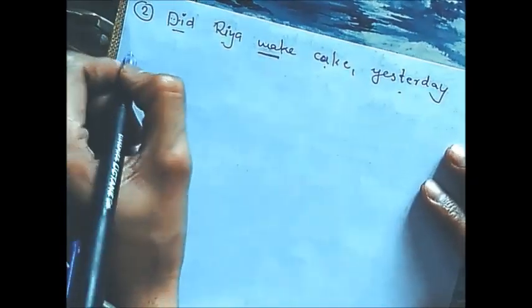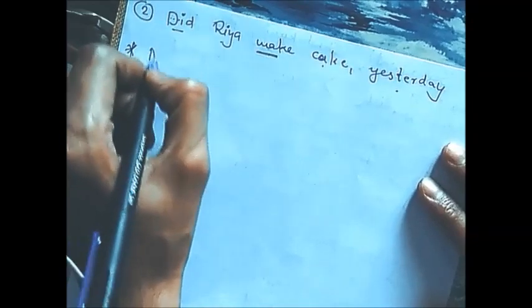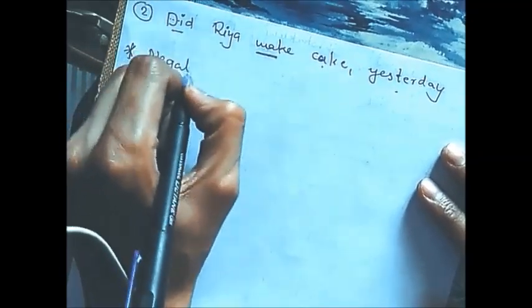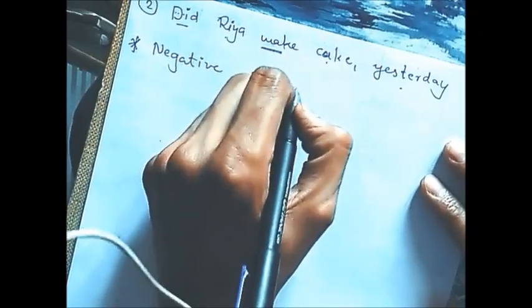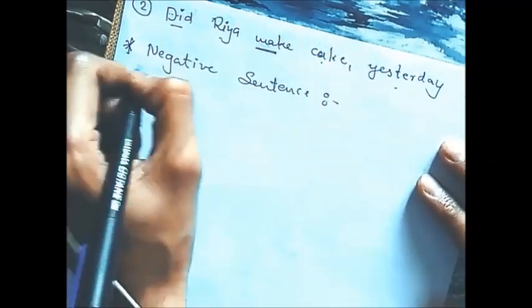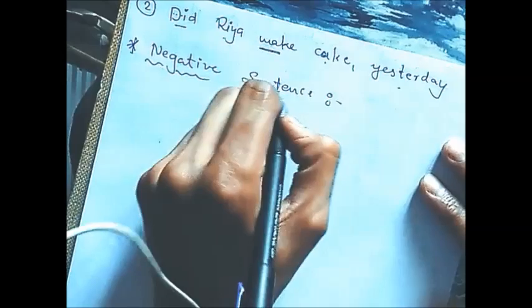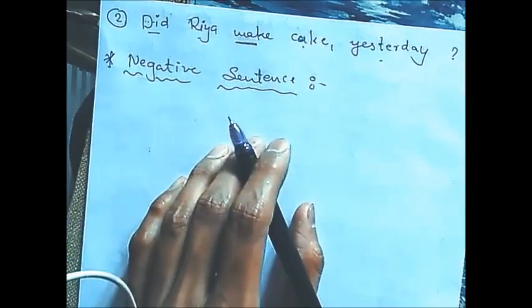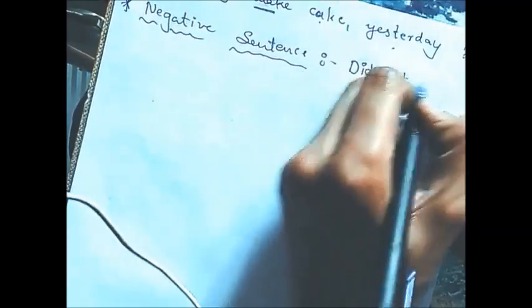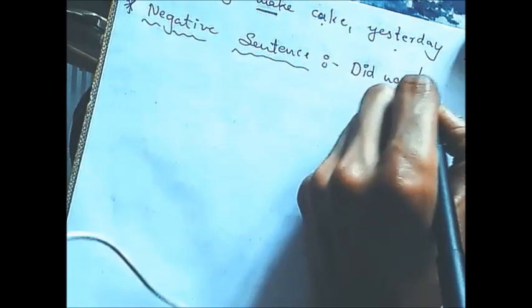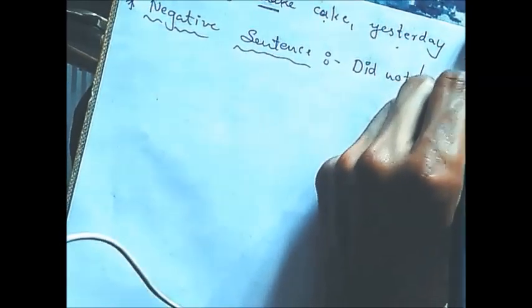Now coming to the negative sentence. Okay, if you want to make a negative sentence, what you have to put is simply did not. We call it didn't, and sometimes it is pronounced differently.